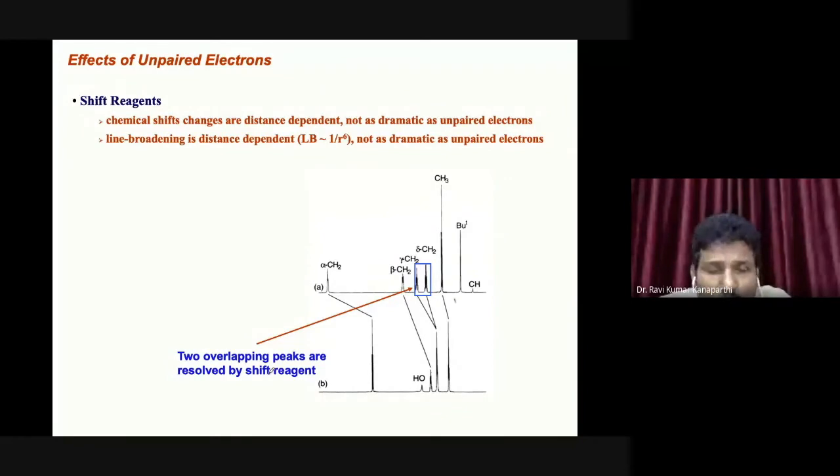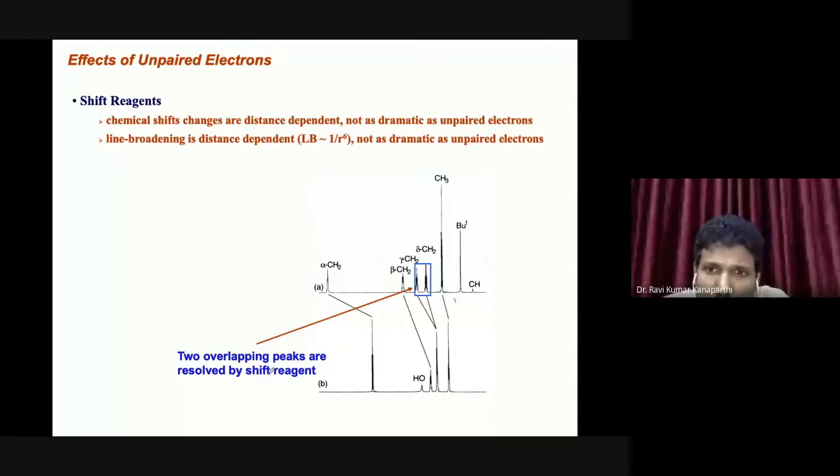Of course, the broadening is a major issue, and then how the chemical shifts are working. This is somewhat similar to the paramagnetic compounds which I discussed previously. These lanthanides and actinides have single electrons, so they are paramagnetic.